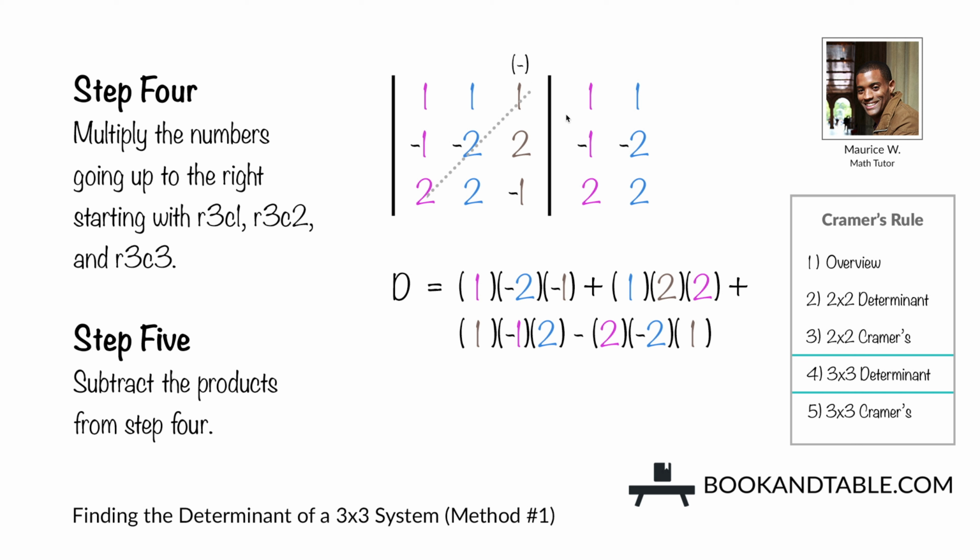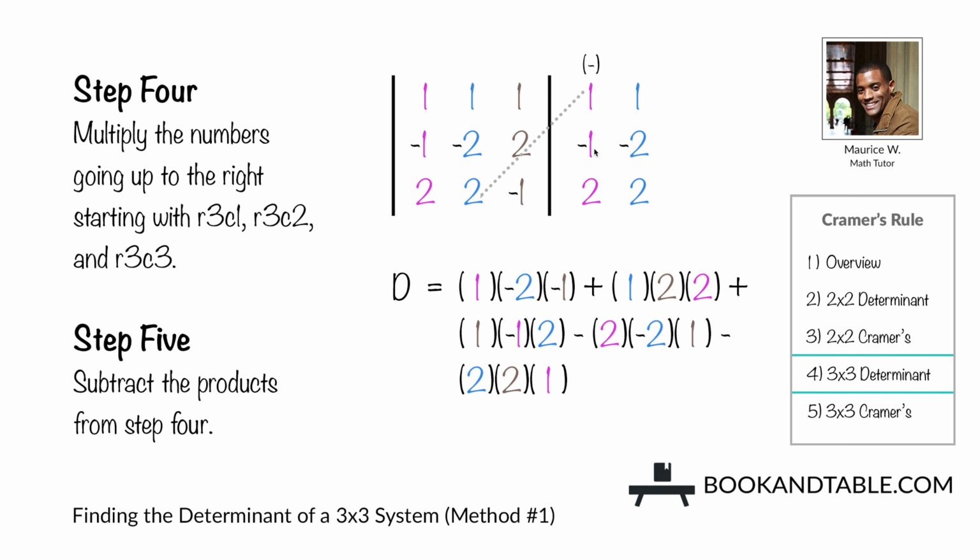And we place a minus sign in front of it since we are subtracting the products that we get when we're going up. So now we multiply the numbers starting with R3, C2, which would be +2 here. And when we multiply going up to the right, we go up one row and over one column for each one. We get 2 times 2 times 1.